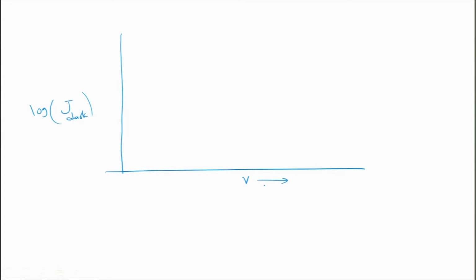So, if I now plot J dark on a log scale as a function of V, and draw only the diffusion current, the slope should be like this.